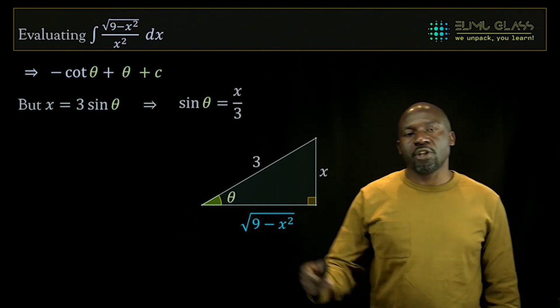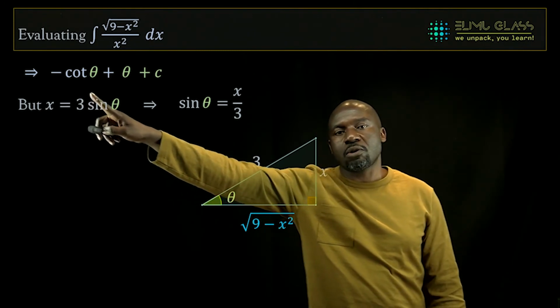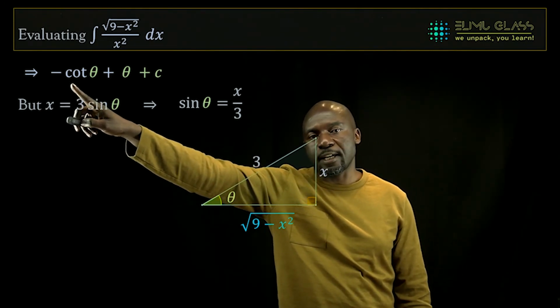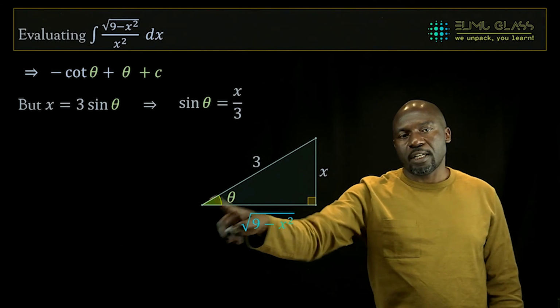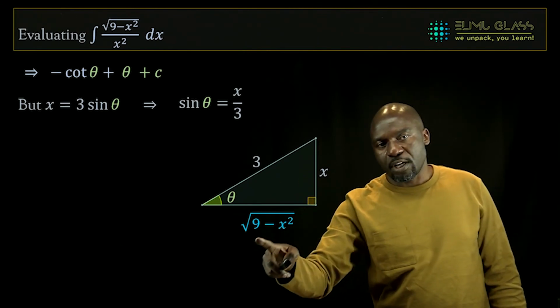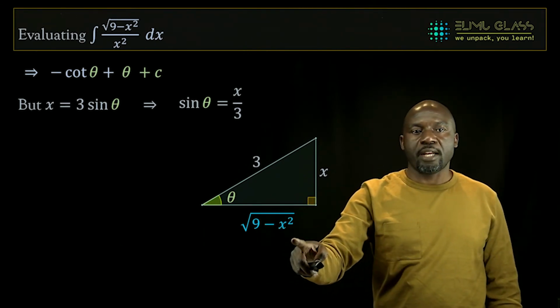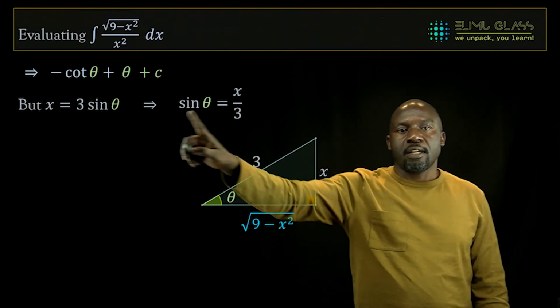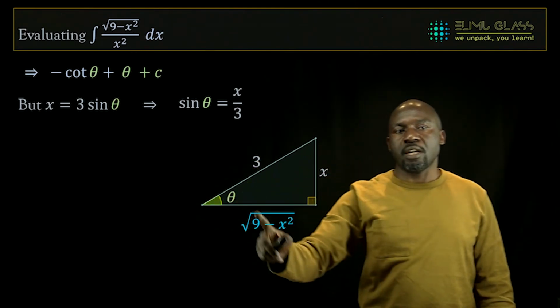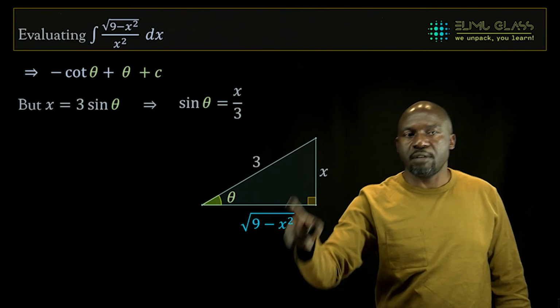And with that knowledge, I can now find cot, because cot is the reciprocal of tan. Now tan of theta is x over the square root of 9 minus x squared, and that means that cot, being the reciprocal, must be this divided by that.